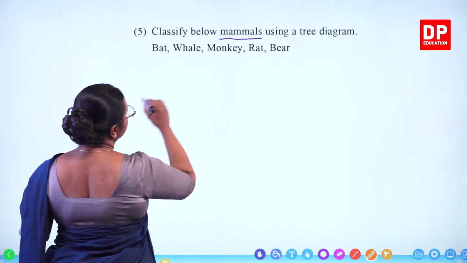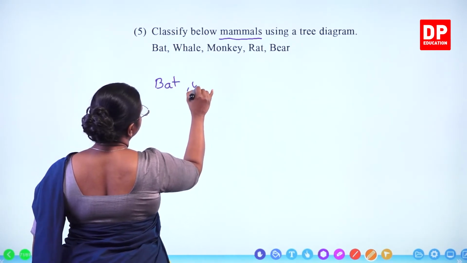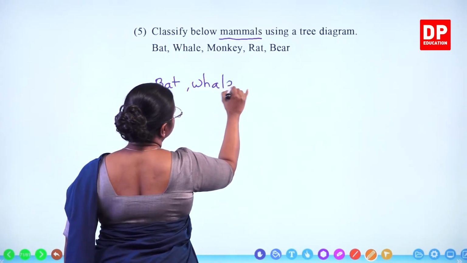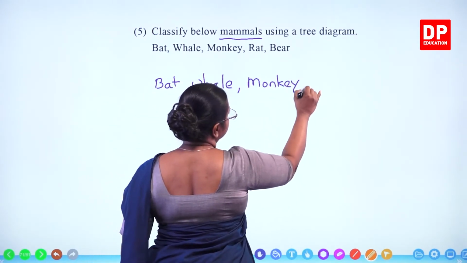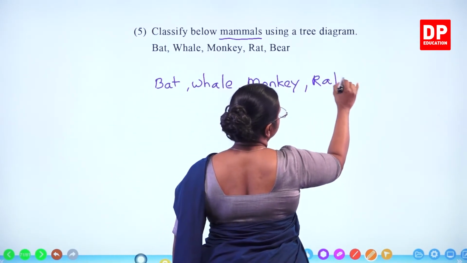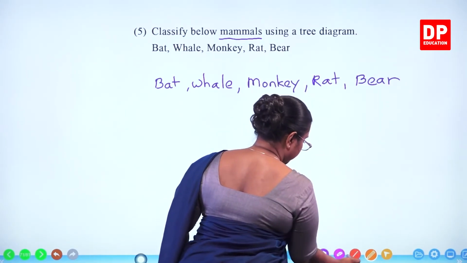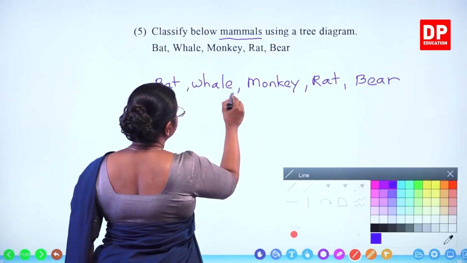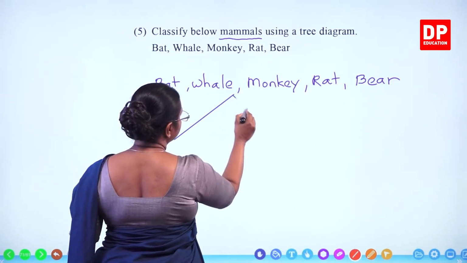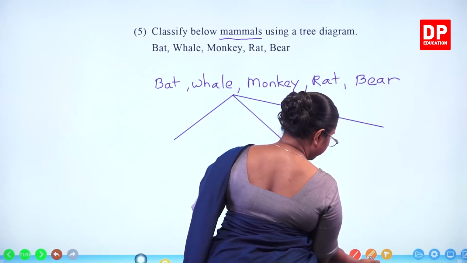So, here we have the organisms, bat, whale, monkey, rat and bear. What can we do to classify? You can divide it into three subgroups.